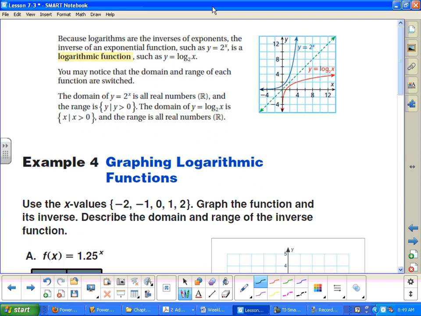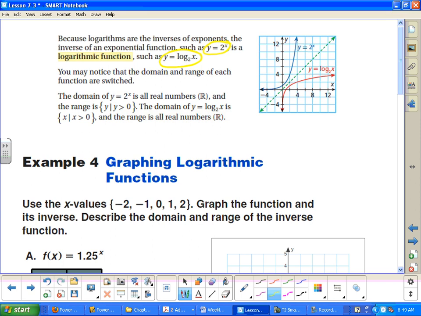Because logarithms are inverses of exponents, the inverse of an exponential function is a logarithmic function. So where y equals 2 to the x would be our function, the inverse of that would be y equals the log base 2 of x. Those are inverses of each other.